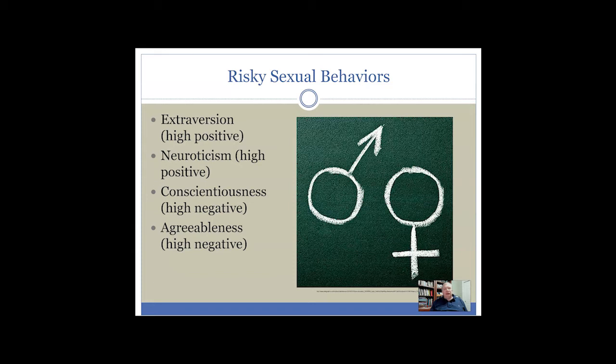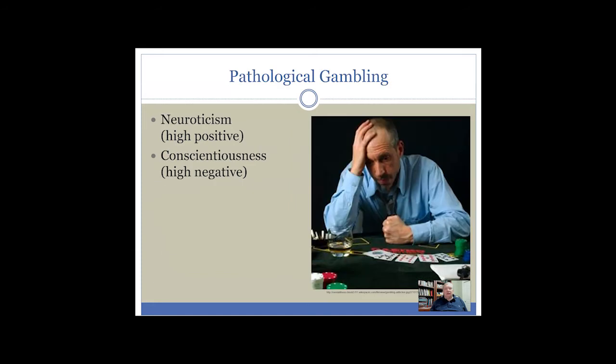Individuals who engage in risky sexual behavior tend to be extroverted, neurotic, unconscientious, and quarrelsome. So watch out for those folks. Pathological gamblers. High neuroticism, low conscientiousness. And this guy doesn't look very conscientious as he's pondering over his hand.